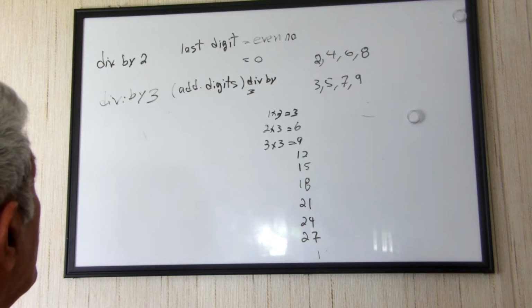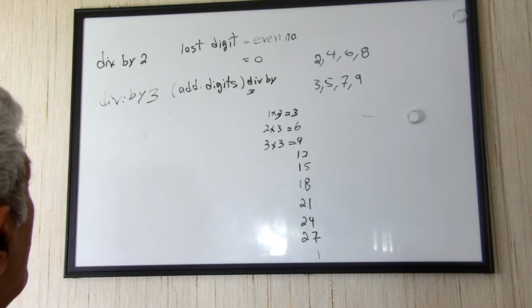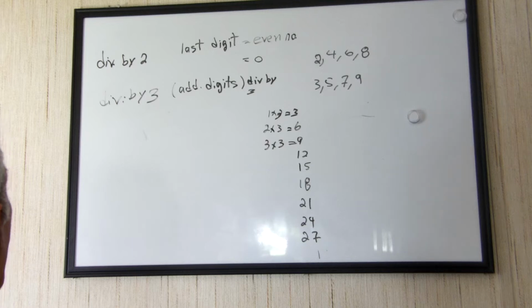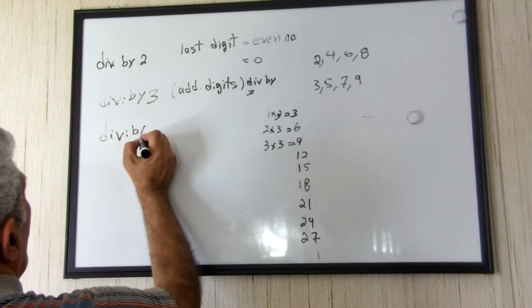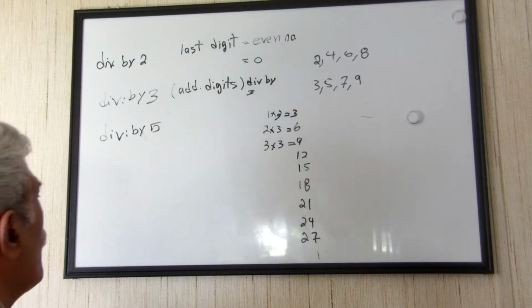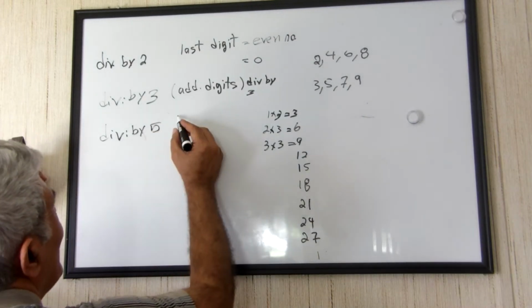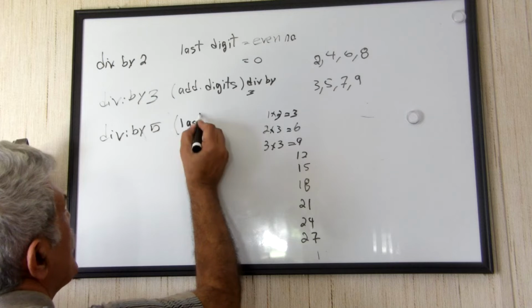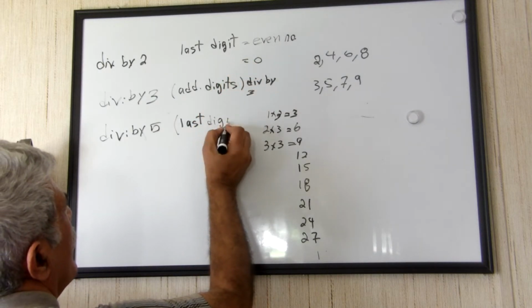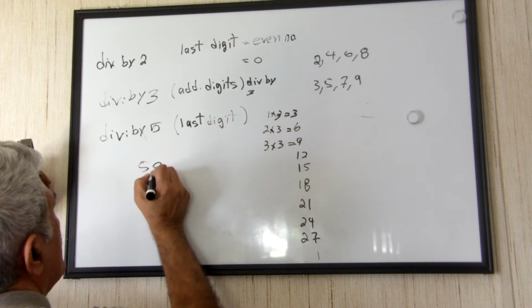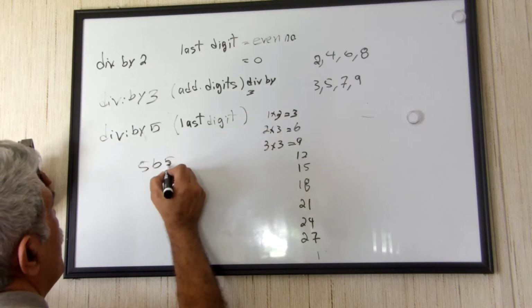Now let's talk about those numbers that are divisible by 5. All the numbers that are divisible by 5, we're talking about the last digit. Like 565, the last digit is 5.